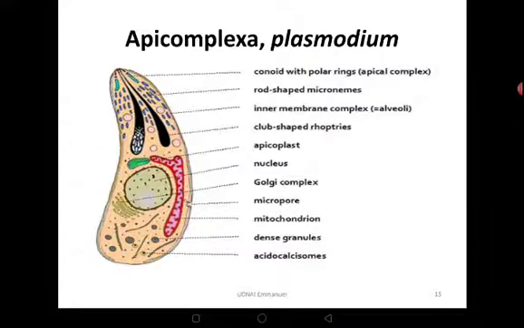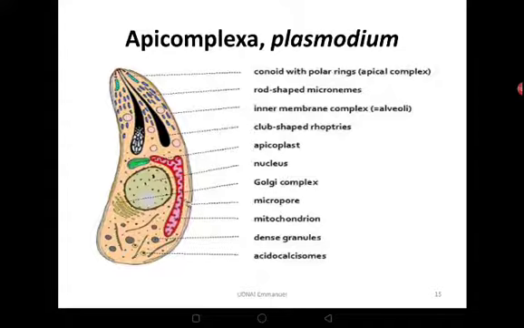So their structure contains an apical complex. That pointed part there has some sort of structures that make it so difficult to identify or even to study. In fact, not much is known about that apical complex. A lot of research has been done, but no one has fully revealed information about that apical part of the Apicomplexa.